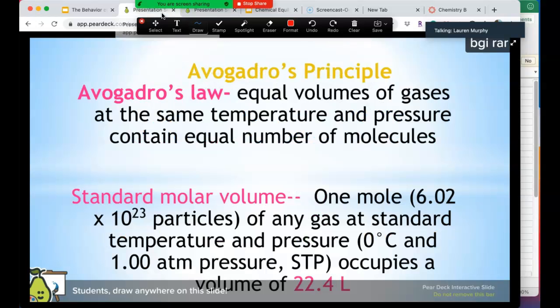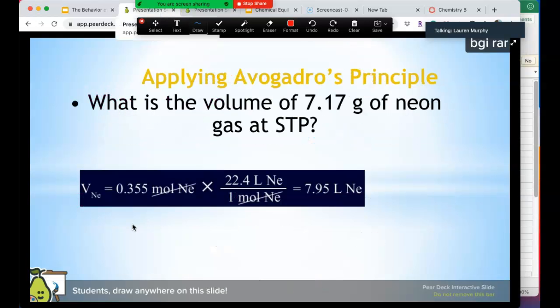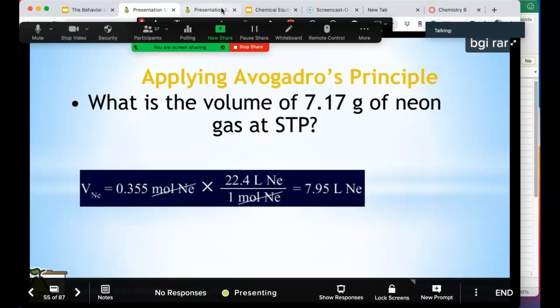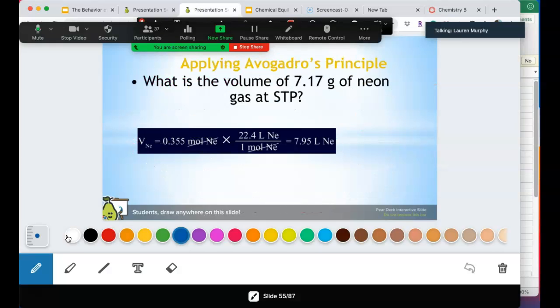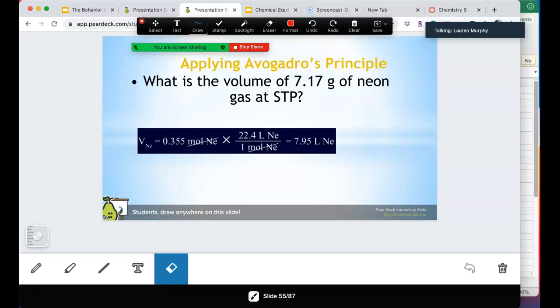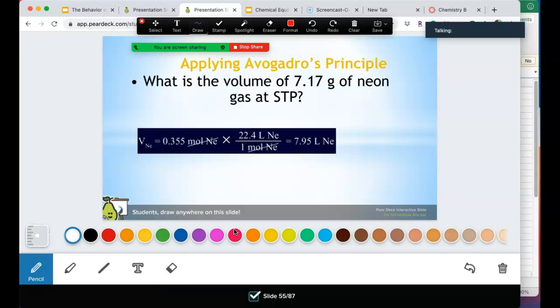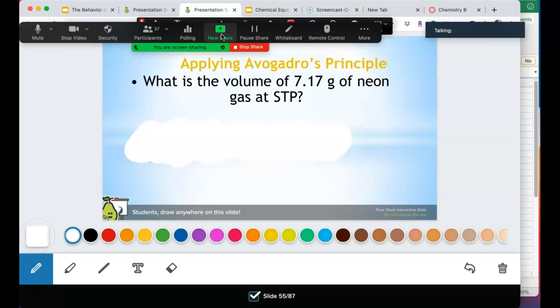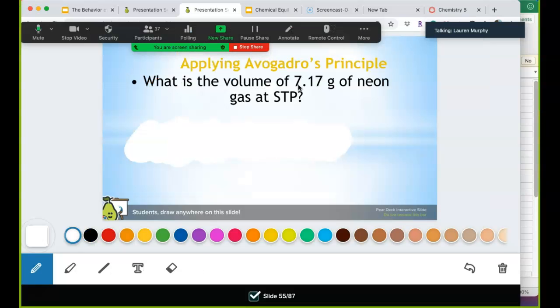Well, check out this problem. It says, what is the volume?